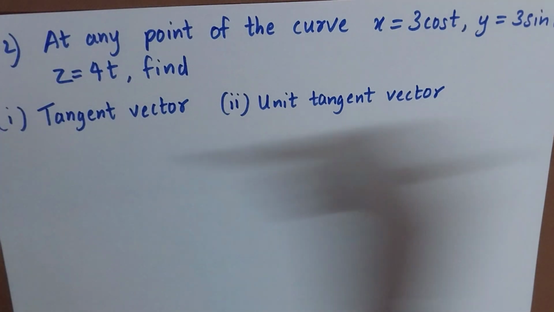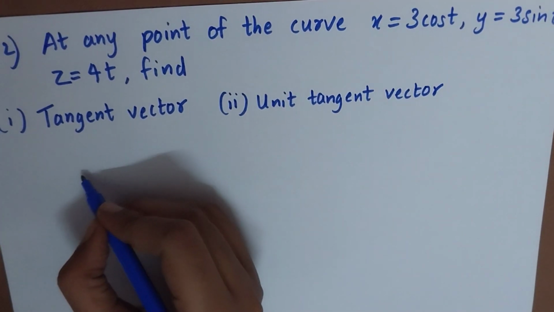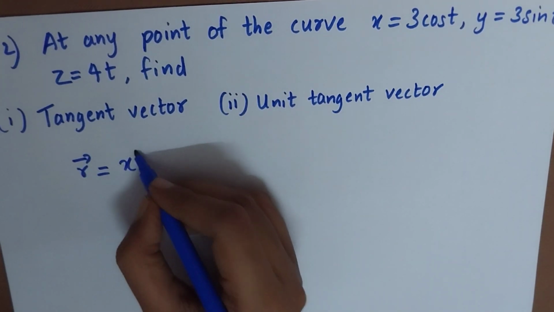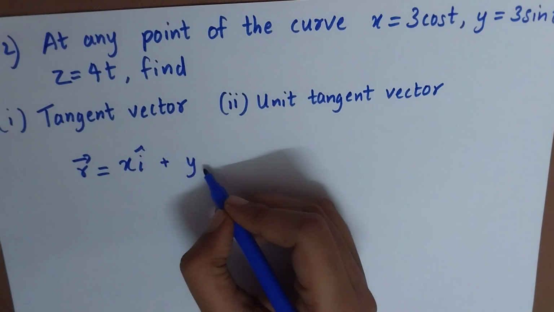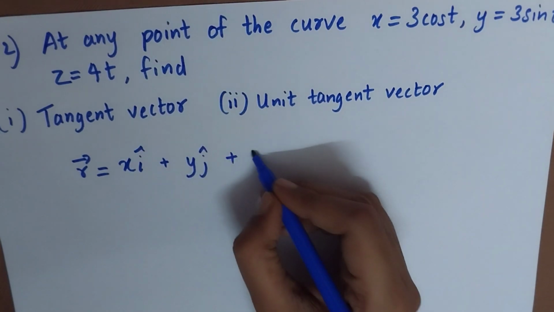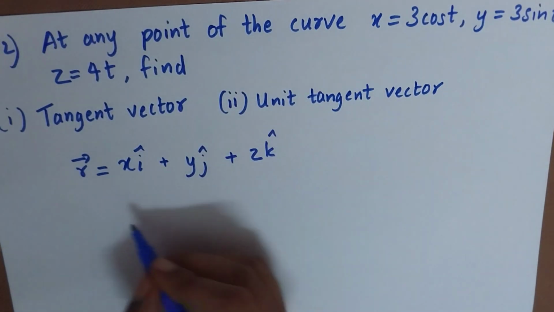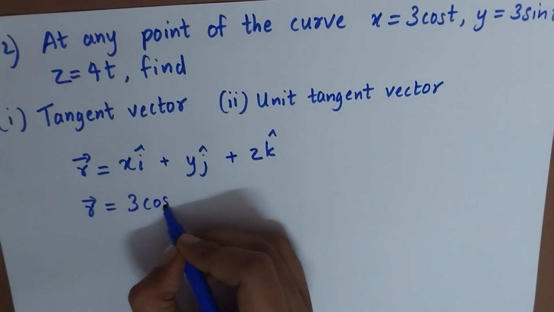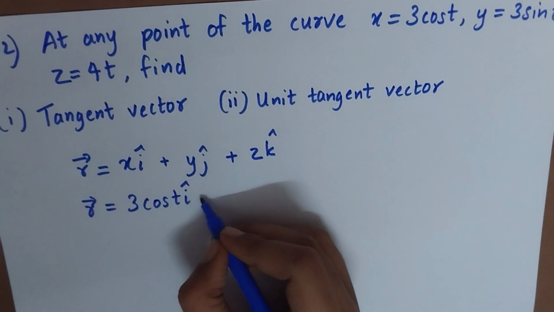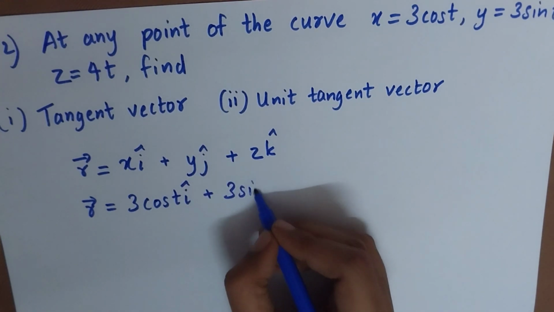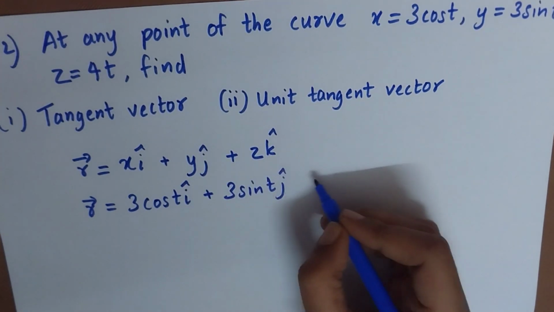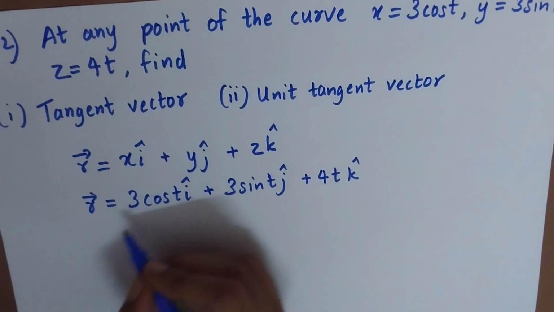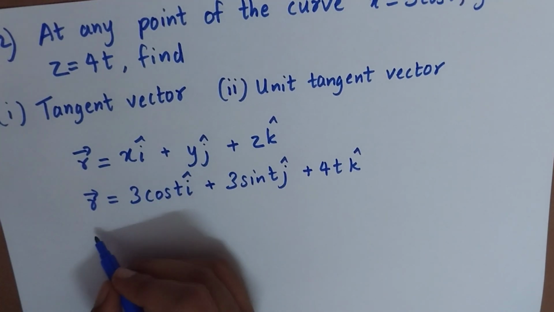So let's start. Our r vector equals x i cap plus y j cap plus z k cap. Now the r vector is equal to 3 cos t i cap plus 3 sin t j cap plus 4t k cap. Now we have to find the tangent vector.